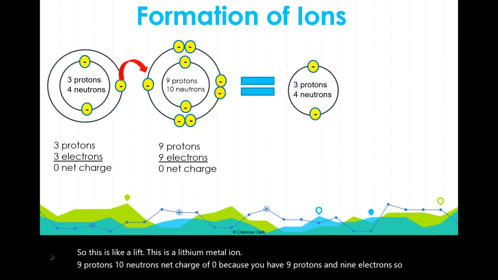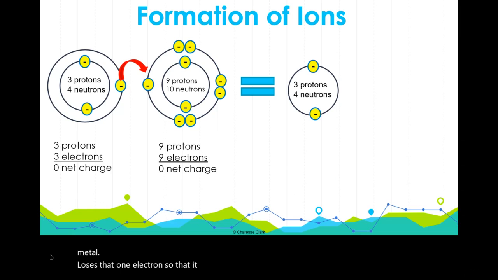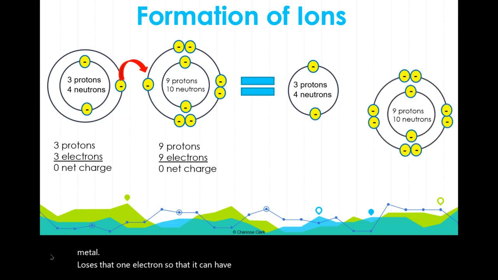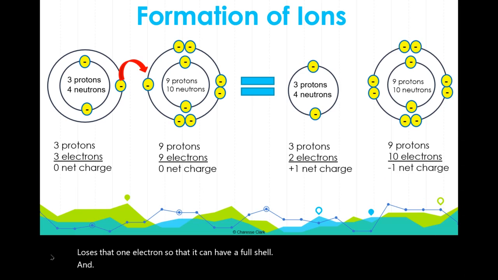So the metal loses the 1 electron so that it can have a full shell, and the anion or the nonmetal will gain 1. Losing 1 gives you a positive because there are fewer electrons than protons, and the negative ion, the nonmetal, because it's gained 1.